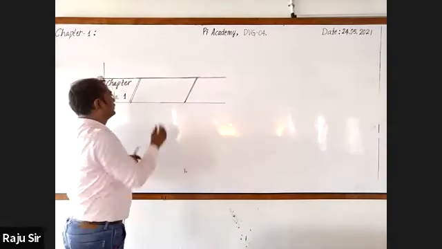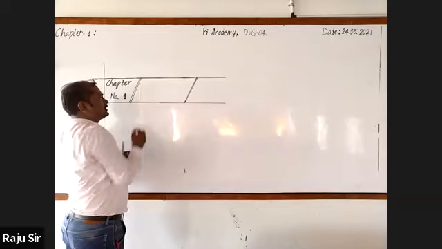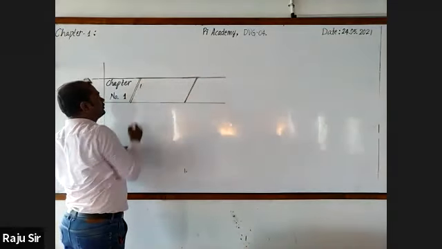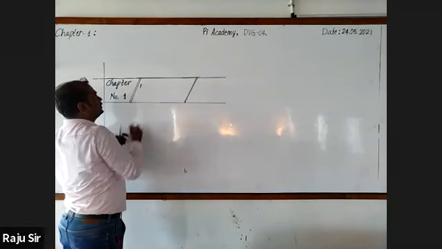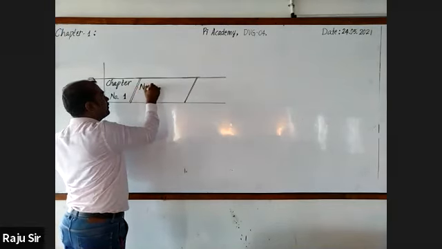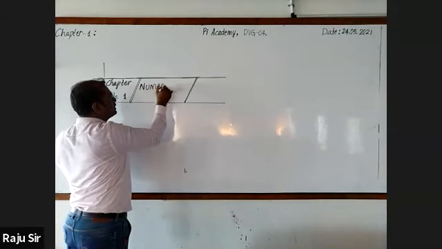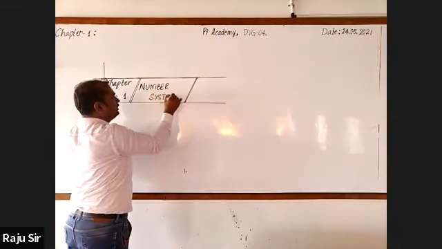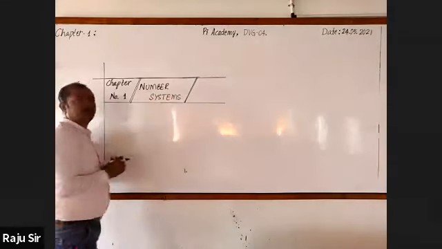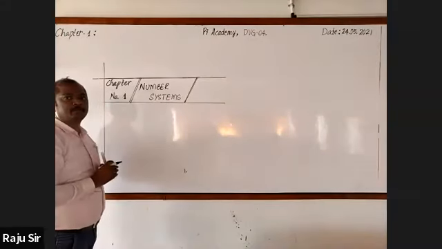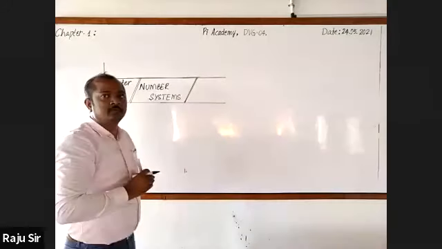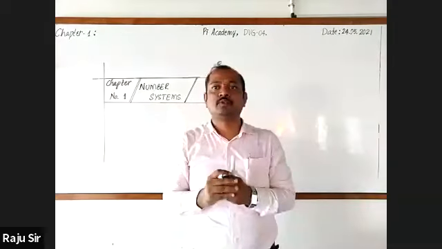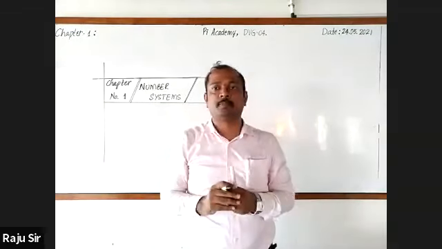Next, here write the name of the chapter. The name of the chapter is number systems, S-Y-S-T-E-M-S. Please follow my instructions without fail, and whenever I ask you to write, only at that time should it be copied.